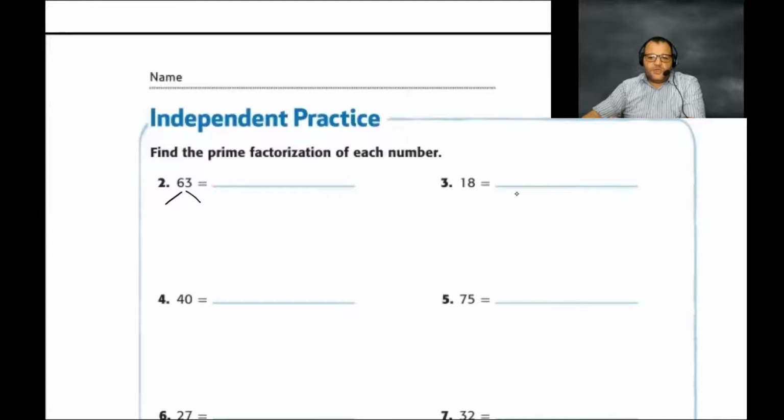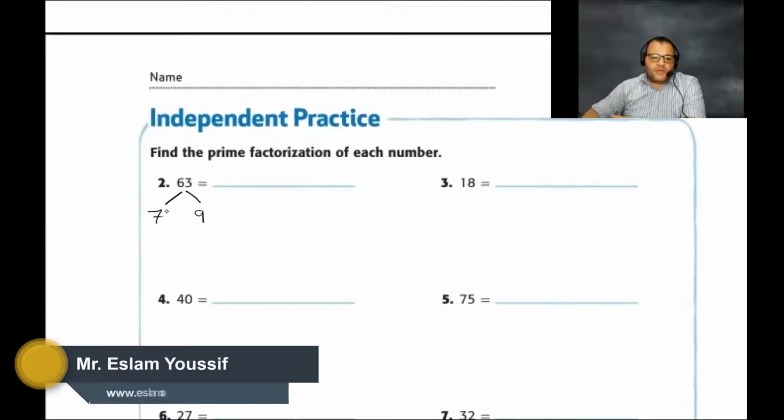Can you solve this question, Yusuf? 7 times 9. Okay, 7 times 9. Can you find any two numbers? If you multiply them, the answer will be 7.